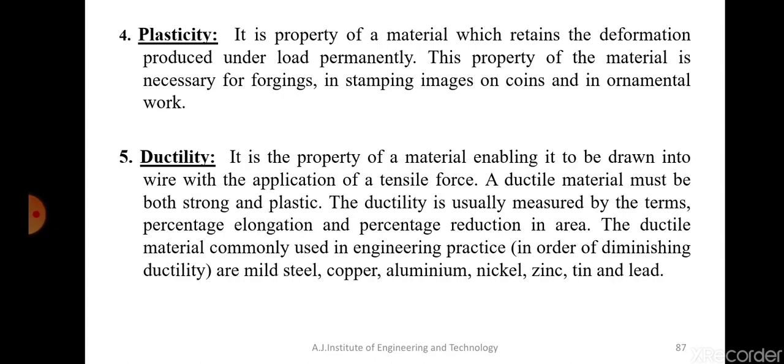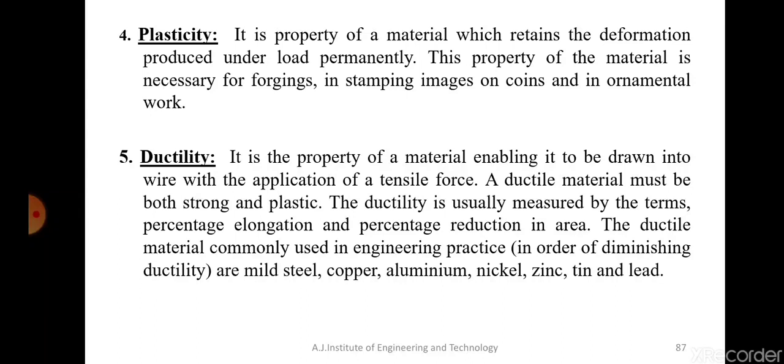So that's why it's told that this property of the material becomes necessary in forging. So forging means it's an operation where you heat the metal and you strike the hammer and give different shapes to the metals. So if it is too much elastic, what will happen? You will try to heat it, you will beat that, and it again comes back to its original shape. And there is no point in using that material, right?